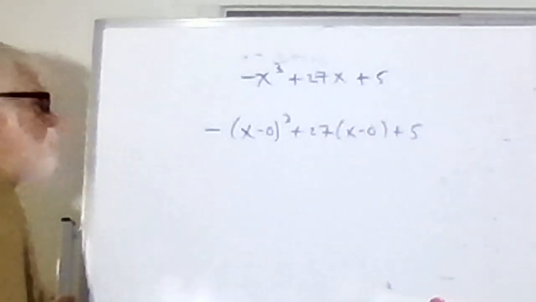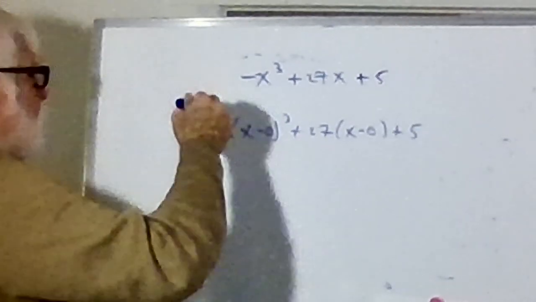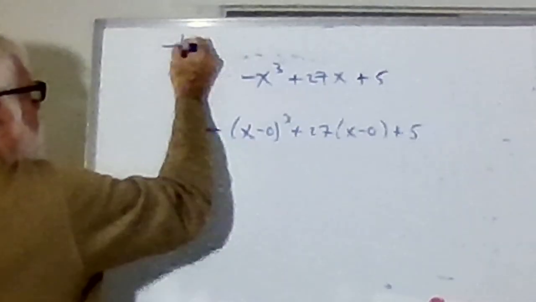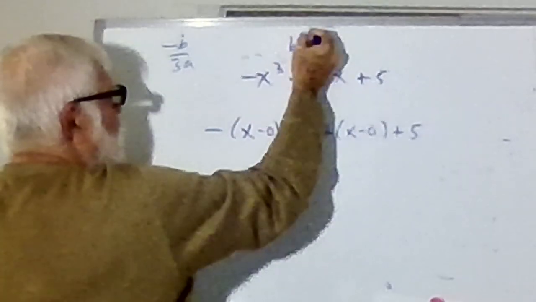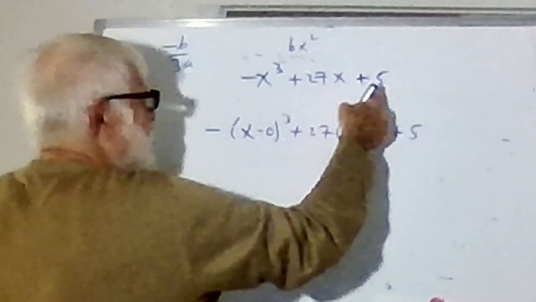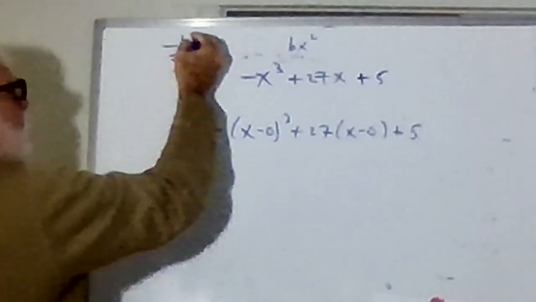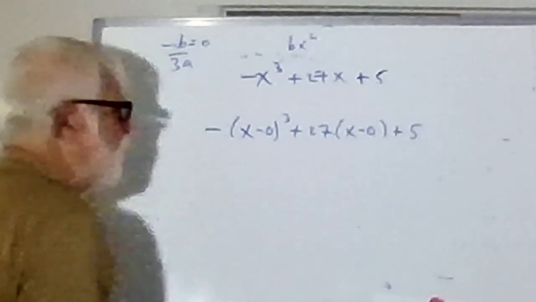Okay? So, minus b over 3a. Well, there is no b term. There is no bx squared term. There's ax cubed, bx squared, cx plus d, right? But b is 0. All right, so that's why I wrote that, because that's in graphing form.